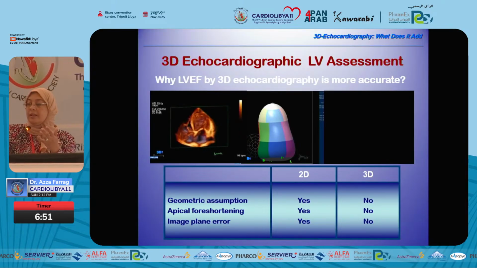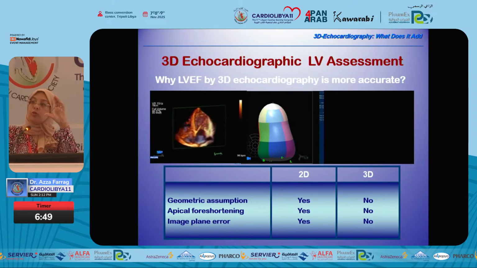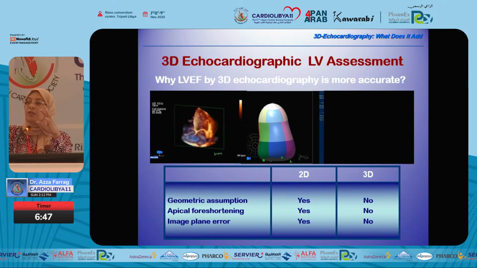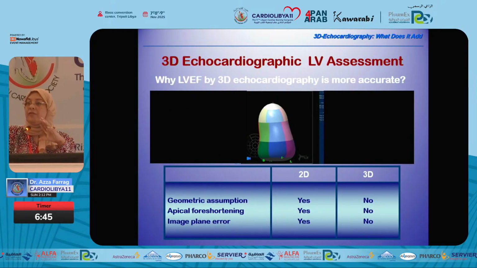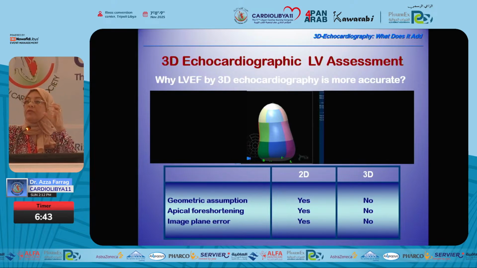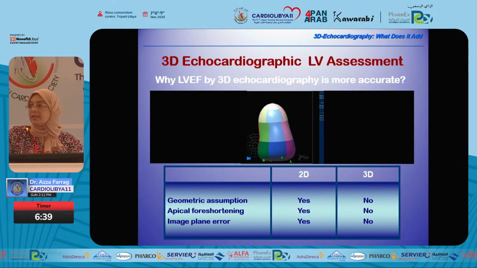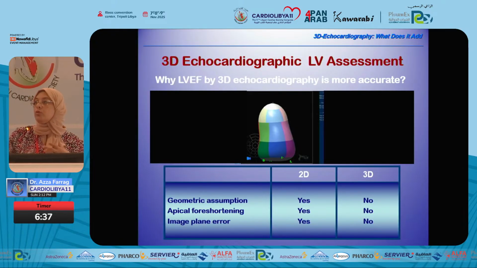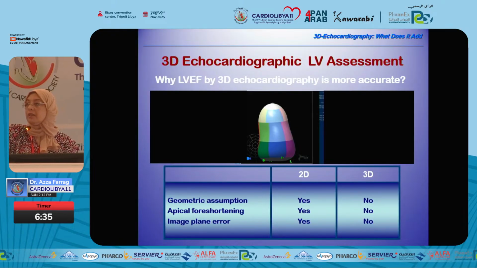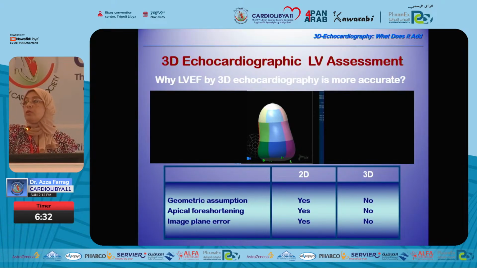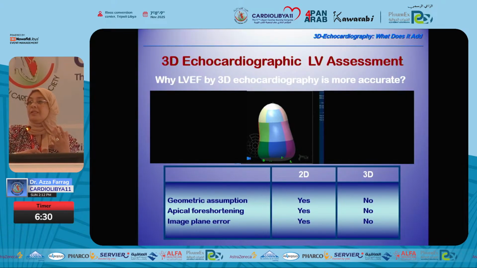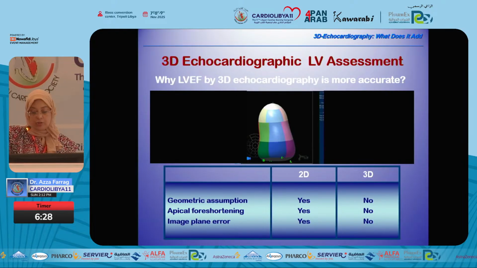If we consider each part of these motions, 15% for the longitudinal motion, 50% for the inward motion, and 15% for the twisting and untwisting, the collaboration between these three types of motion will be responsible for the other 15% that represents the 60% of the ejection fraction.